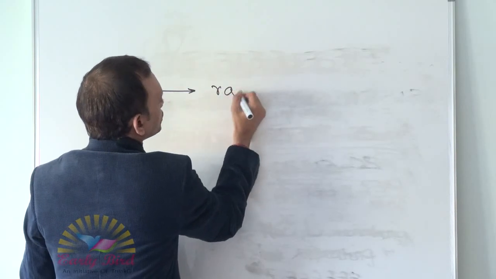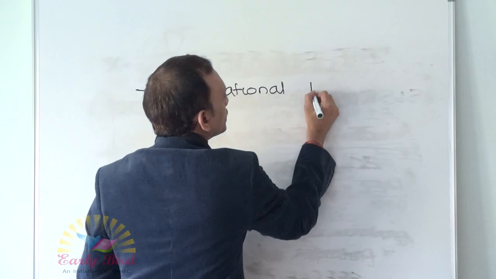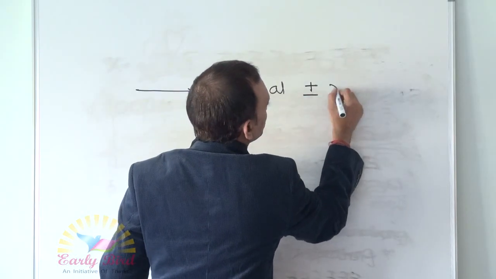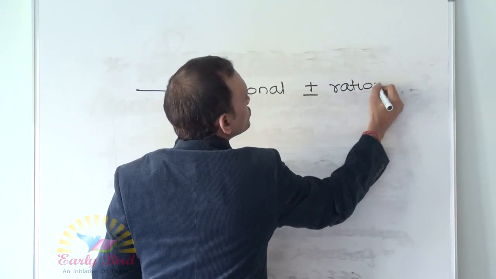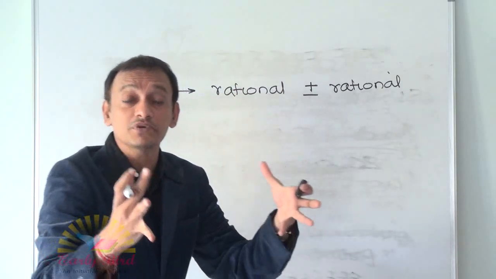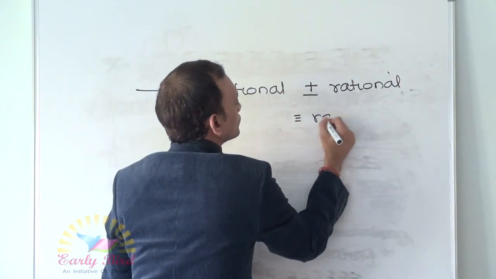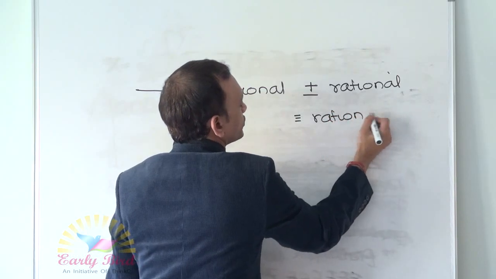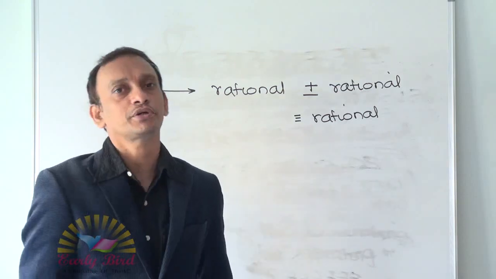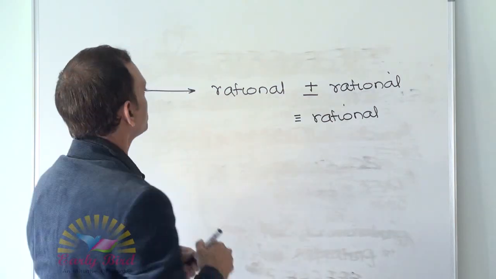Sum or difference of two rational numbers will always be a rational number. You add two rational numbers, you will get a rational number. You subtract two rational numbers, you will still get a rational number.